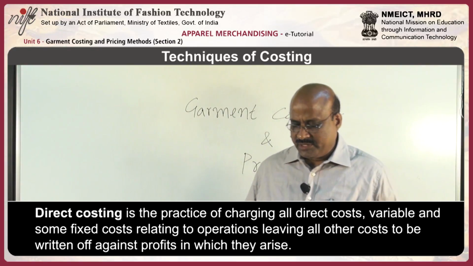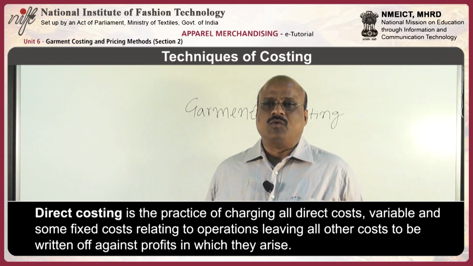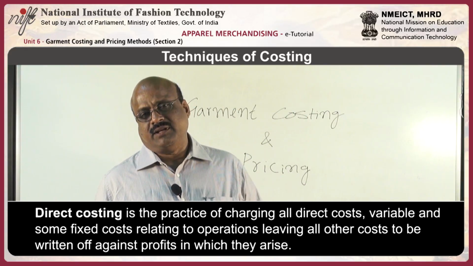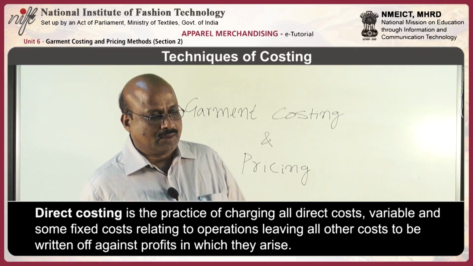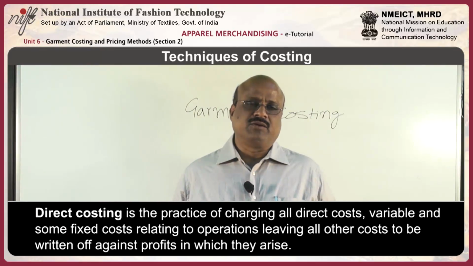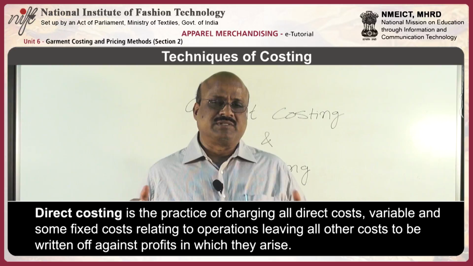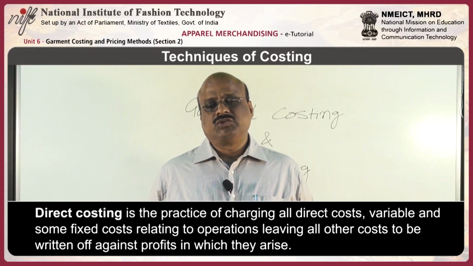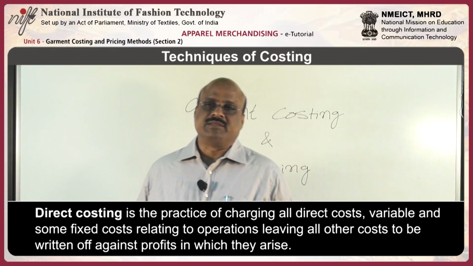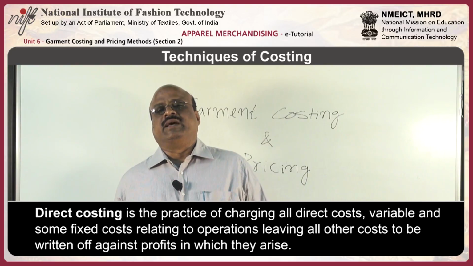As the name indicates, only the direct expenses are taken into account. The direct costs which go directly into the product or the service being produced are the only ones considered. That is called direct costing.